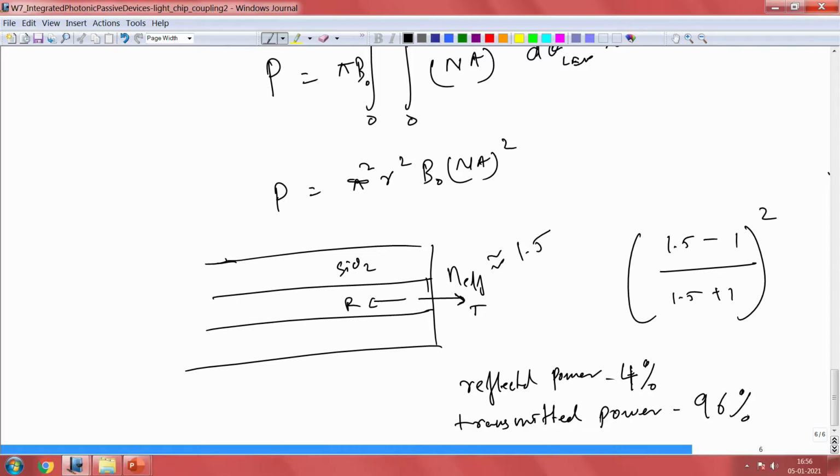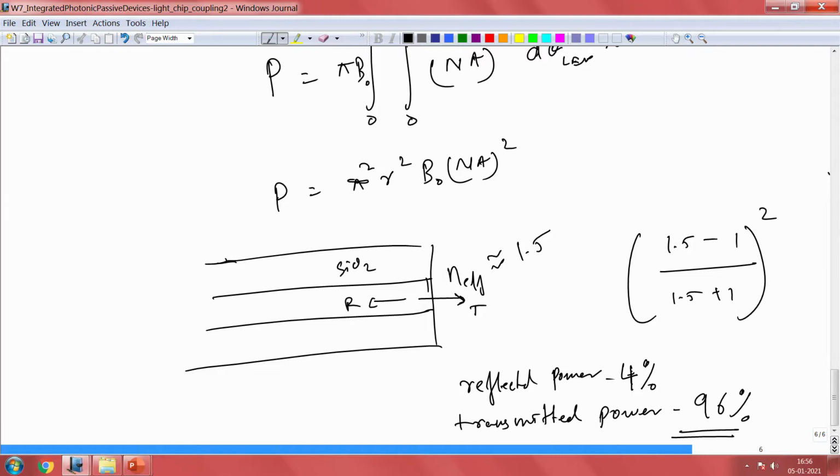So, even when you have a fiber, not 100% of the power is available. You will only have 96% of the power available when it comes to coupling between the fiber and some other system, let us say.